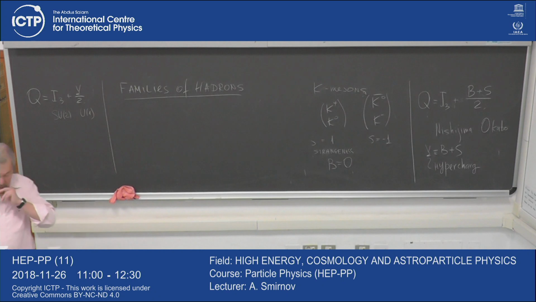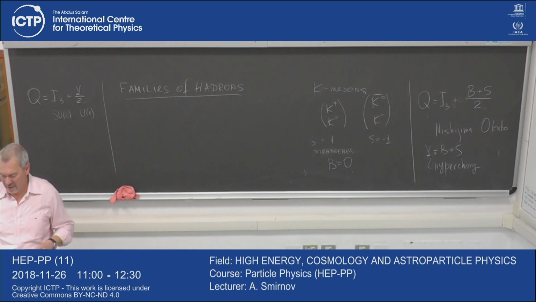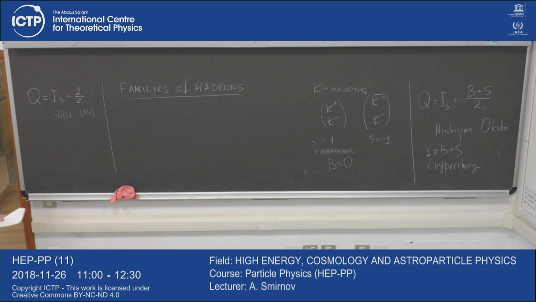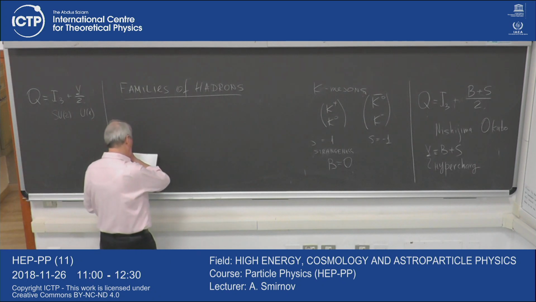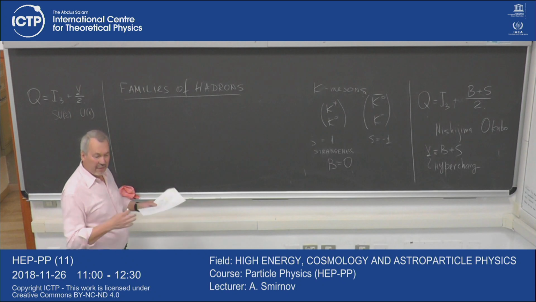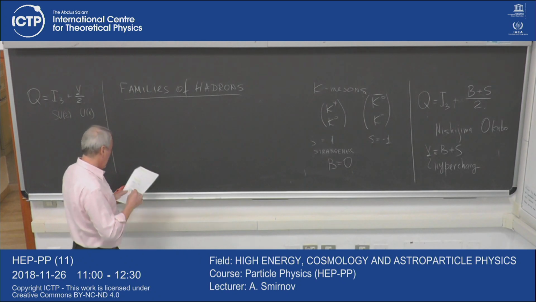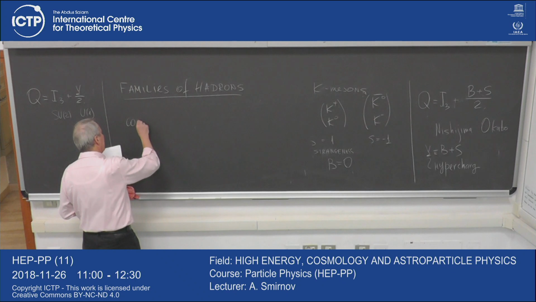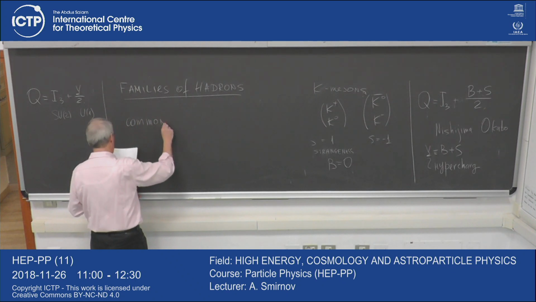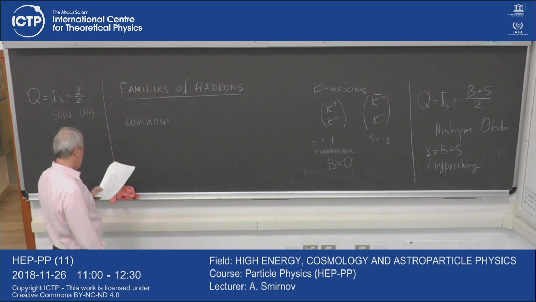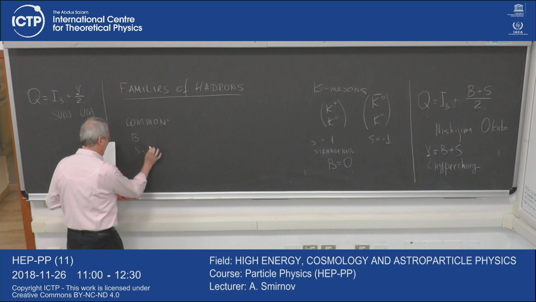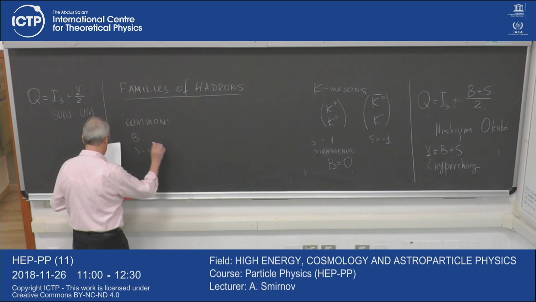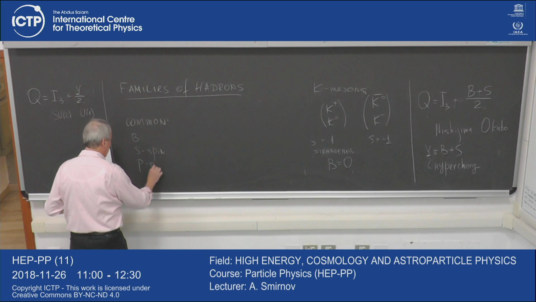And the first thing you do is try to find some order in this chaotic stuff. So particles were put in different groups which have similarities, and different groups have some classification. Common properties of the families are B, baryon number, S, spin, and P, parity.